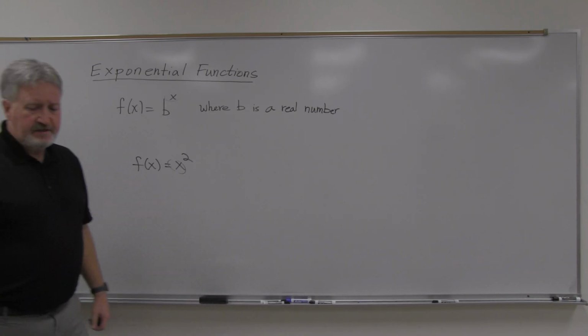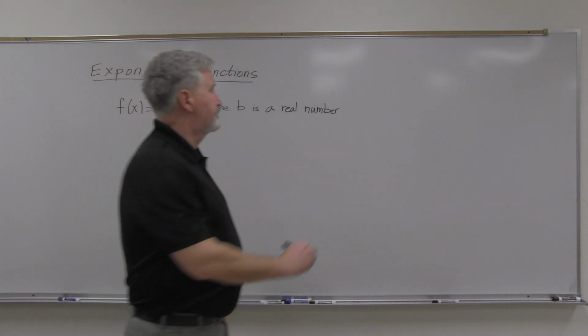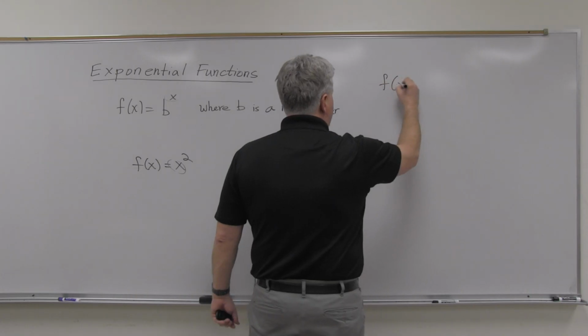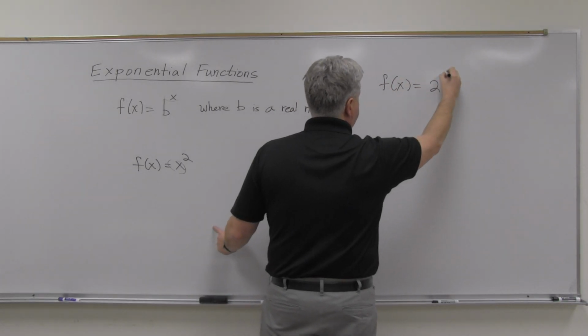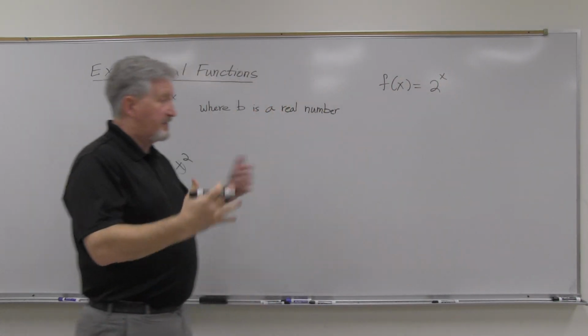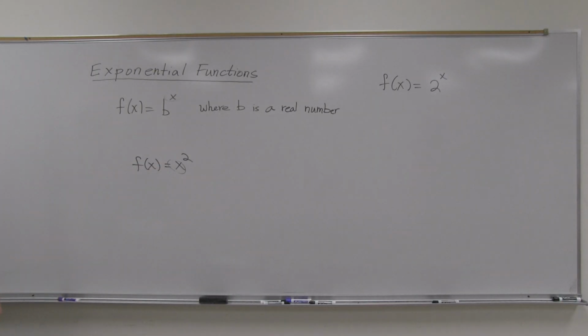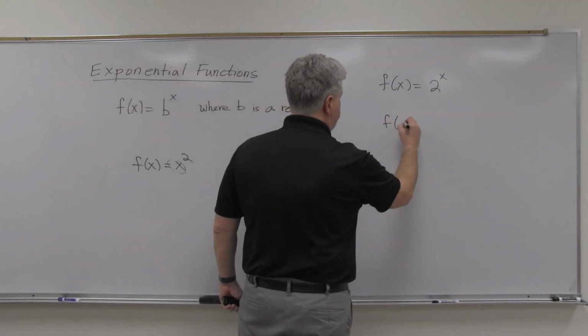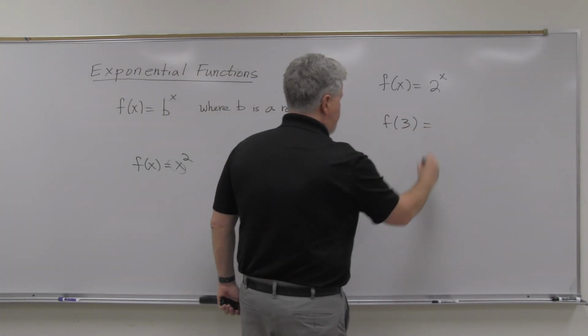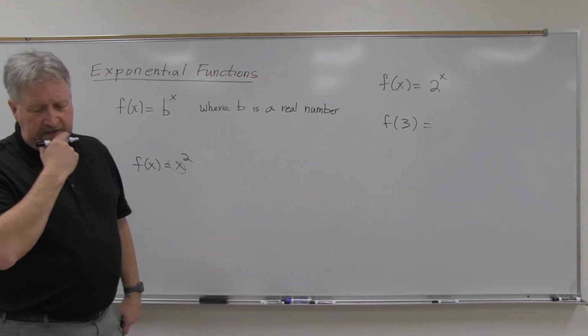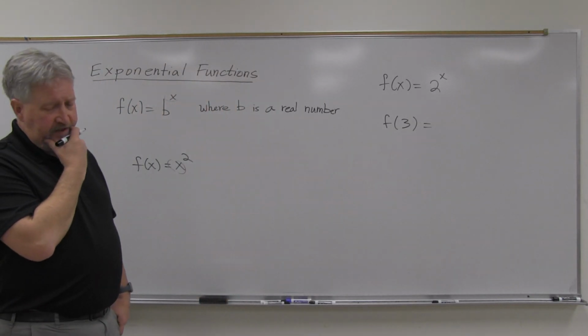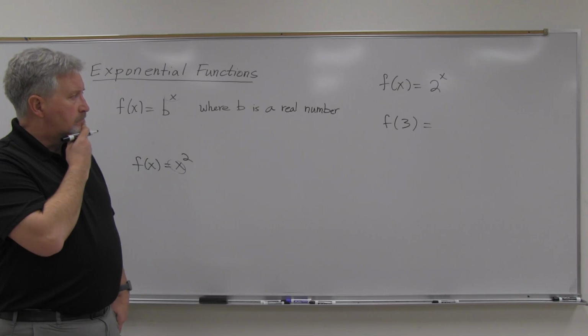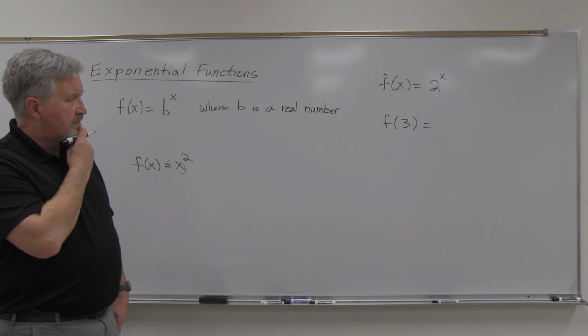So just taking a look at one particular, let's go with about the easiest one, I guess. f of x equals 2 to the x. And so if we use our function notation here, let's talk about just evaluating a couple of these with the number there.